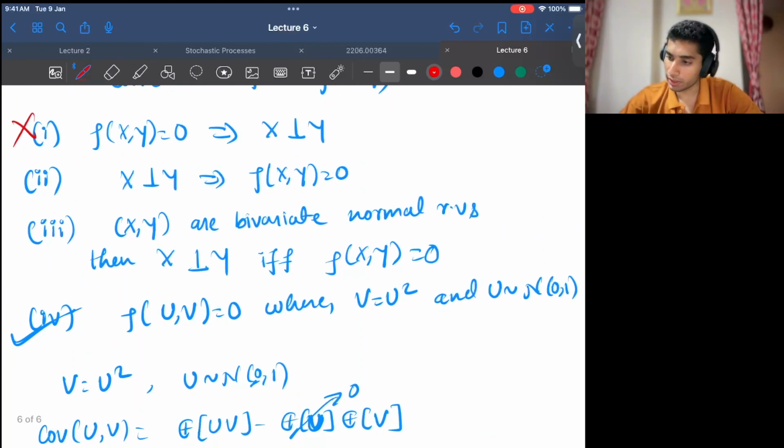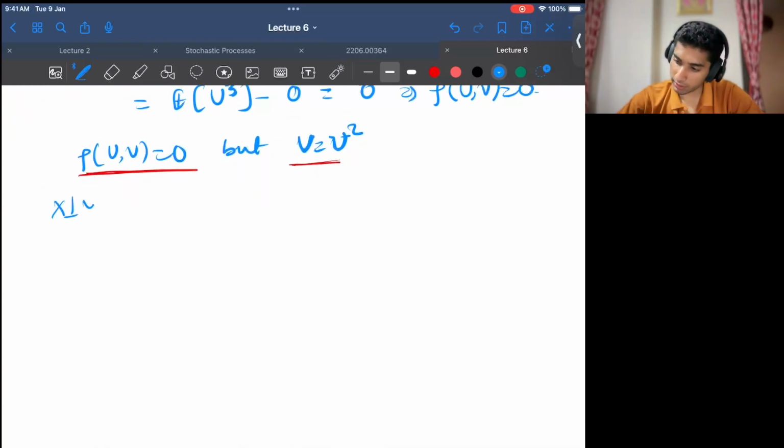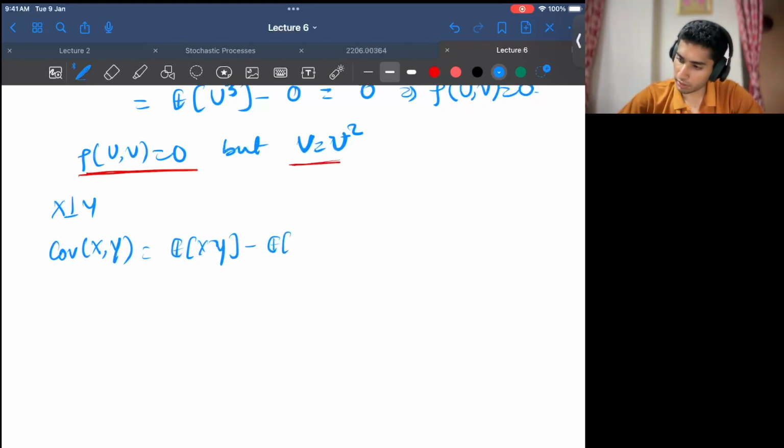Okay. Now let us look at the second statement. If x is independent of y, does it imply that rho of xy is equal to 0? Let us look at the covariance of x comma y. This is equal to expected value of xy minus expected value of x times expected value of y.